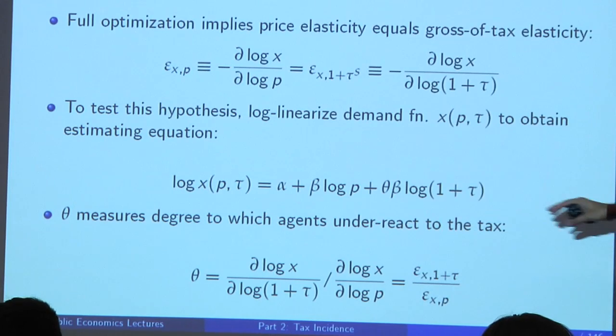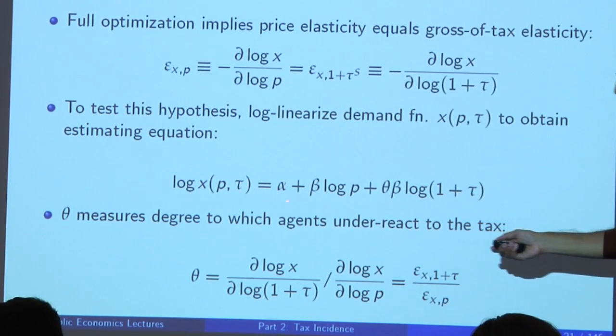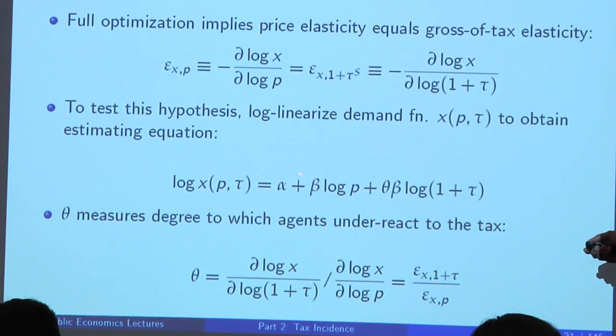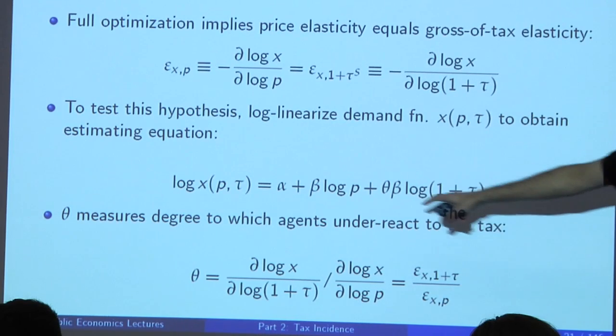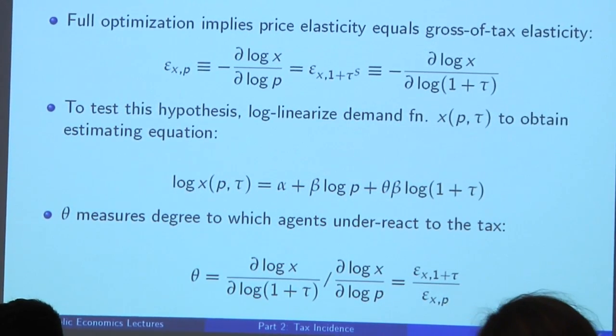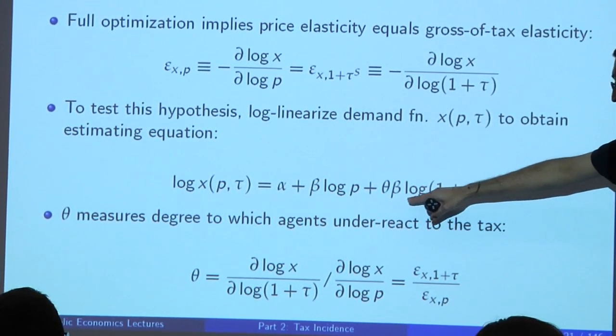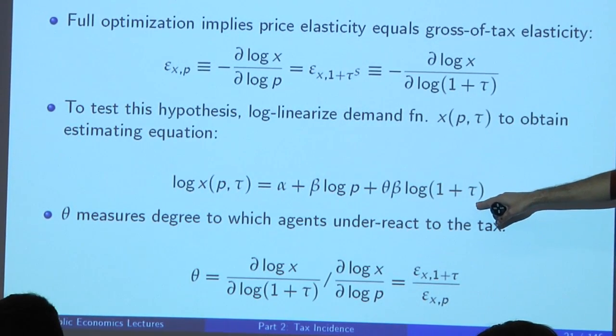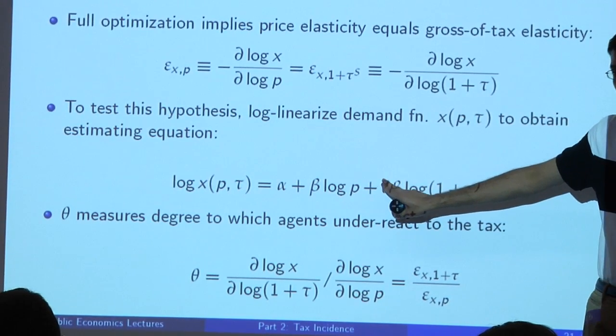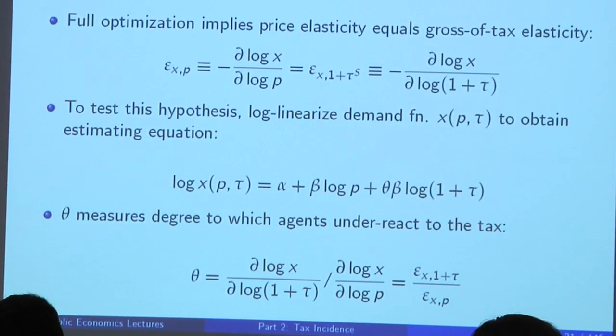Remember we're allowing for different effects of taxes and prices. So this first part here, beta log p, is exactly like the traditional log linear demand equation that I wrote up here. But then we have this additional term, theta beta log 1 plus tau, where in the standard model you would not have that theta term. You'd have the same coefficient on the two. But now we're allowing for this term theta, which is a different effect of the tax relative to the price.